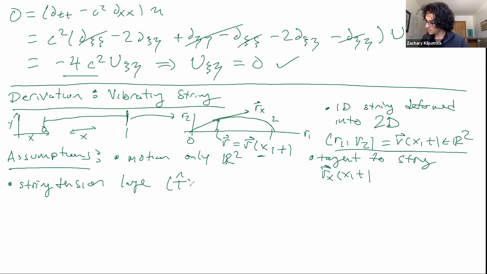So this string is really well stretched out here, and what that allows us to do is neglect gravity. If this string were not stretched very well, it might hang down and we would get some effects of gravity or the mass on the string.